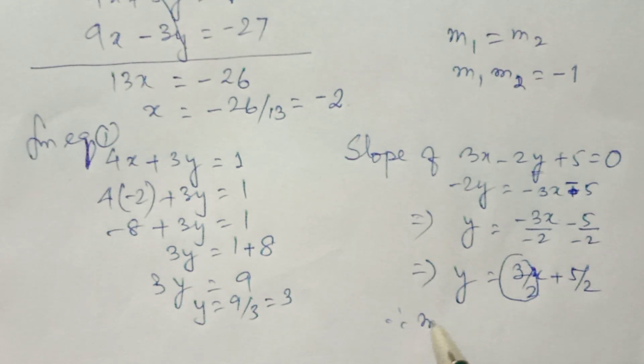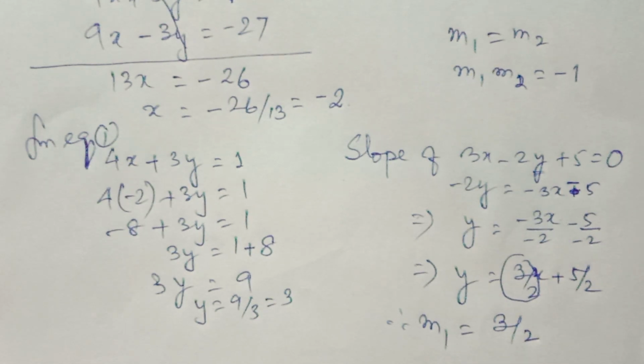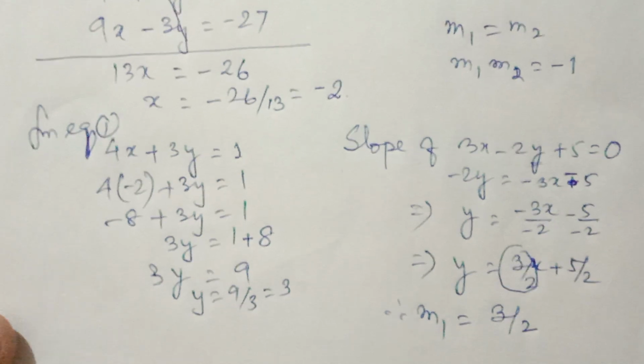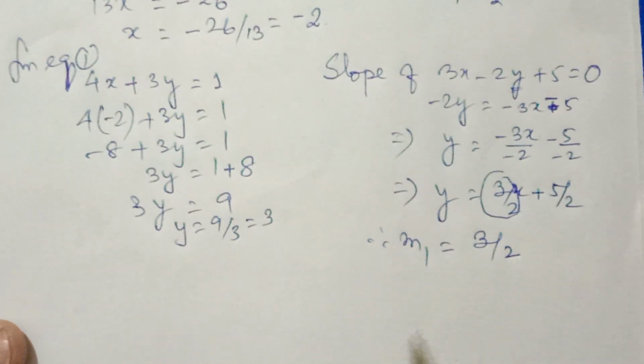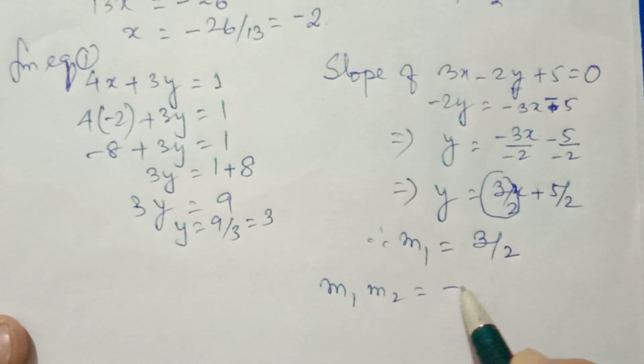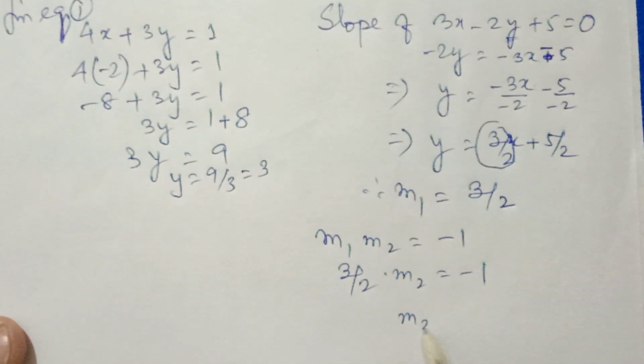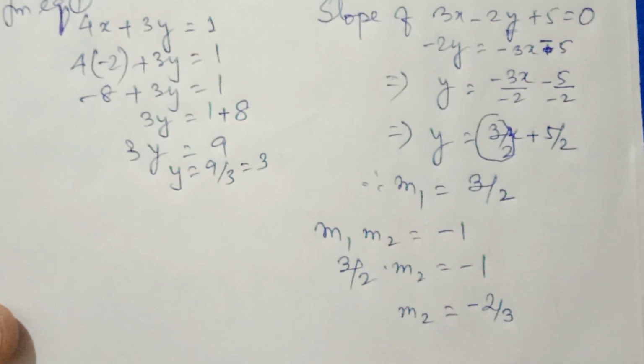So therefore m1 equals 3 by 2. So this is the slope of the given line. Then m1 m2 equals minus 1 because they are perpendicular. So m1 is 3 by 2, then m2 will be equal to minus 2 by 3.